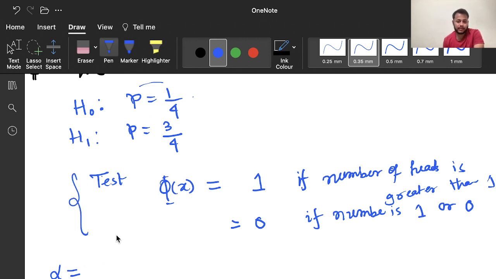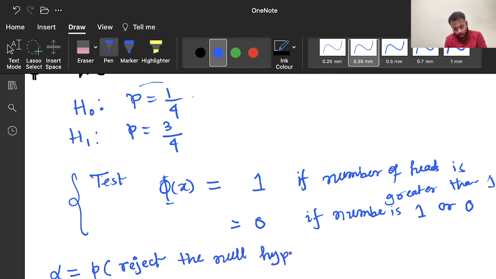What is the probability of committing the first type of error? That is the probability of rejecting the null hypothesis when it is true. Let us assume that P is equal to 1/4.